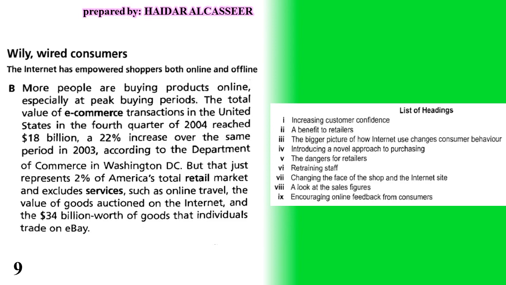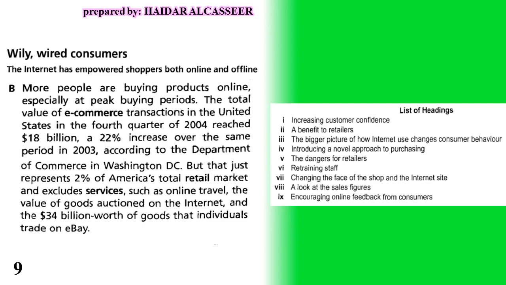Since we have percentages, and those percentages talk about sales, more people are buying products online, especially at peak buying periods. The total value of e-commerce transactions in the United States in the fourth quarter of 2004 reached blah blah blah. Okay, how do we know that they are about sales? Because we have buying, people are buying, that means we have sales, which means 20% of 22% and 2%.